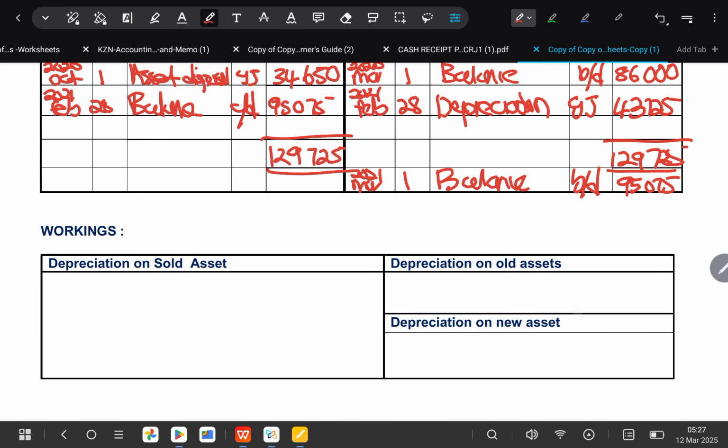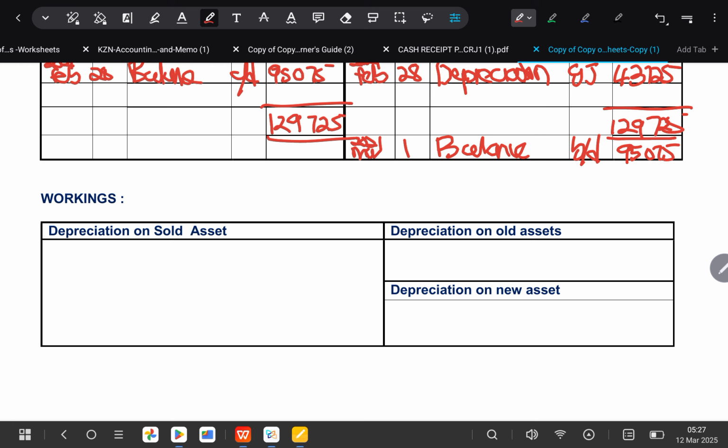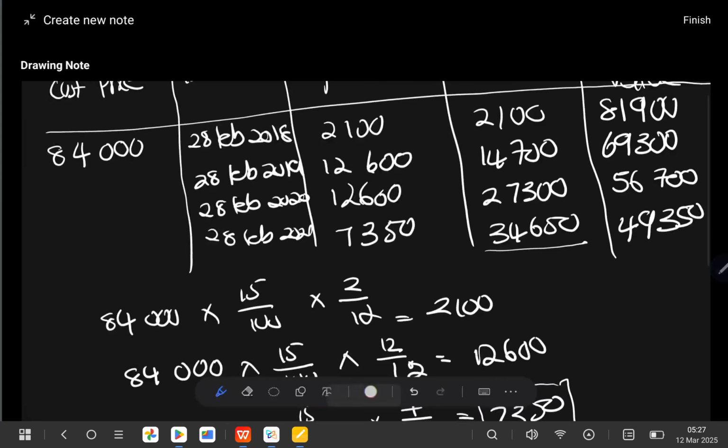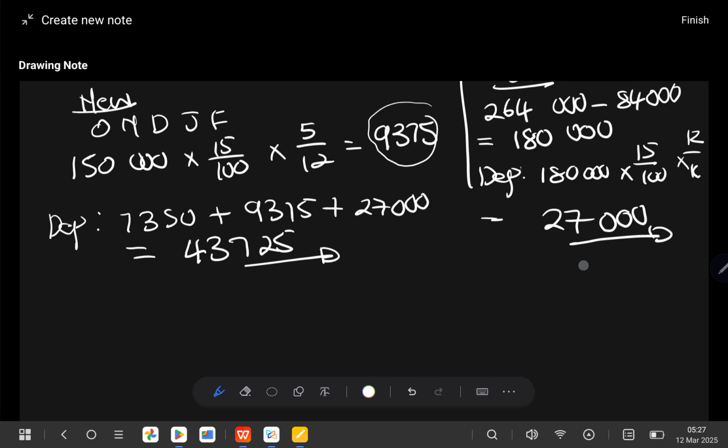Are we together? So remember my workings, I did them somewhere. I did not need to do them here. So these workings that they want here, we did them here because I wanted to explain clearly for you, and these are the workings that they wanted. So let's check what was the carrying value of an asset at the date of disposal. Our carrying value according to this was 49,350.